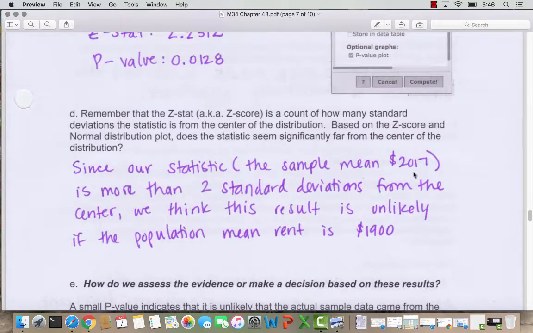So remember that the z-stat, also known as the z-score, you'll hear me refer to it both ways. I think StatCrunch calls it the z-stat and your textbook calls it the z-score, but they're talking about the same value. It is a count of how many standard deviations the statistic is from the center of the distribution. So based on the z-score and the normal distribution plot, does the statistic seem significantly far from the center of the distribution?